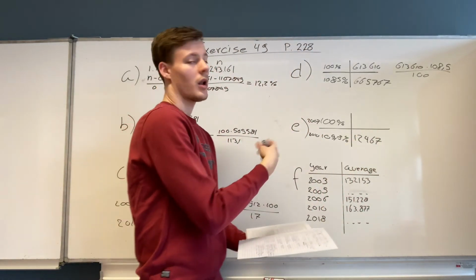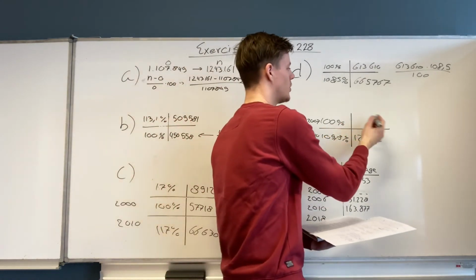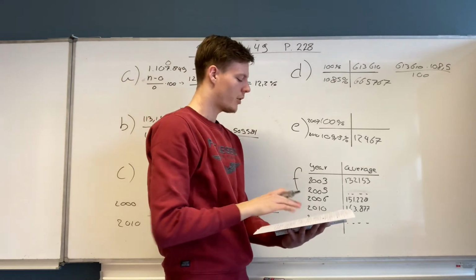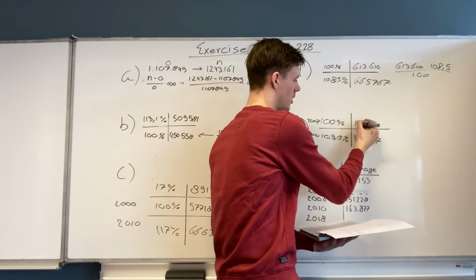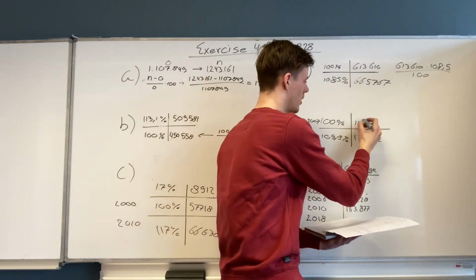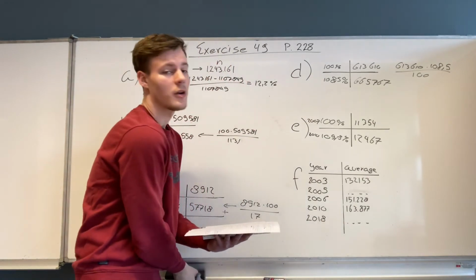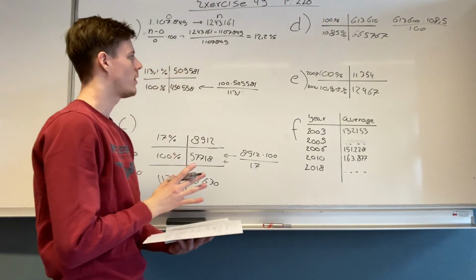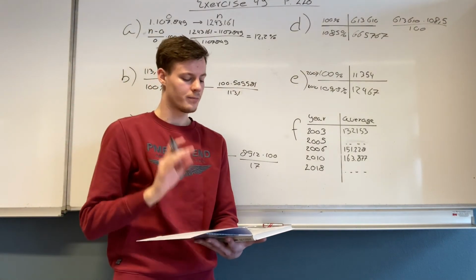So now we have to calculate back, but it's also the same principle. So I'm just going to write down the answer here. It's the same calculation as the previous one, which gives us a number of 11,354.